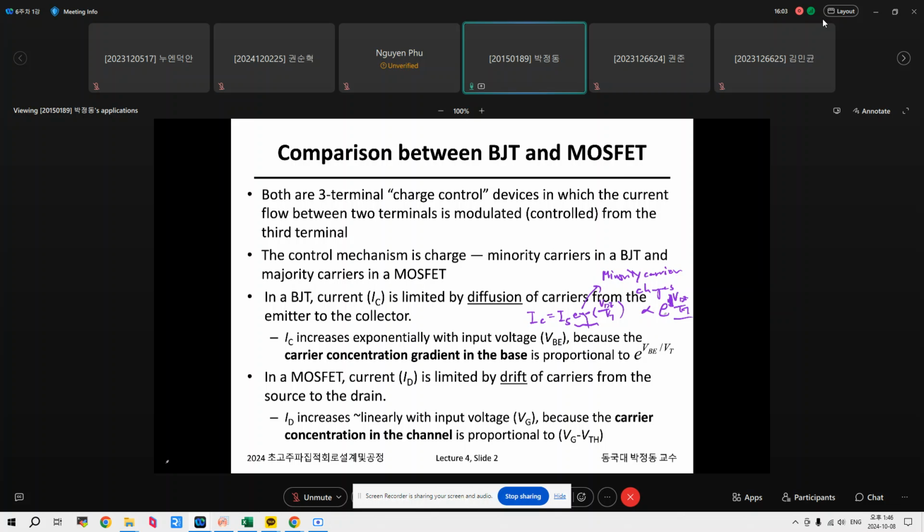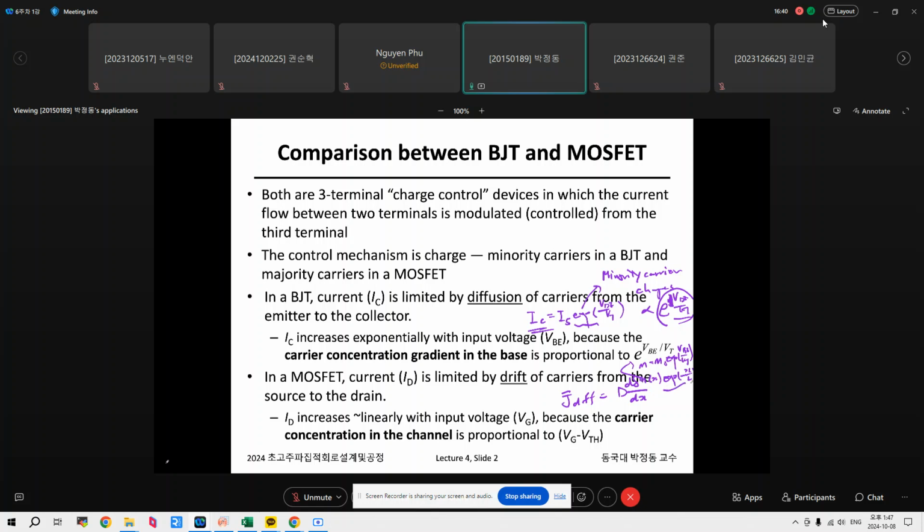So if you take derivative on this, then you get this, because this diffusion current is basically expressed like this way: d diffusion dx. Right? So initially, this n is n0 and exponential Vbe over Vt, and it's also a function of minus x over L, right?